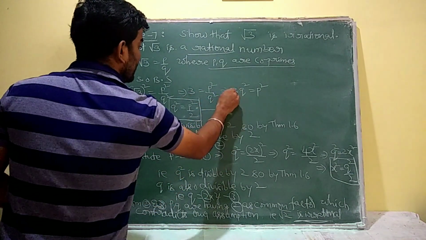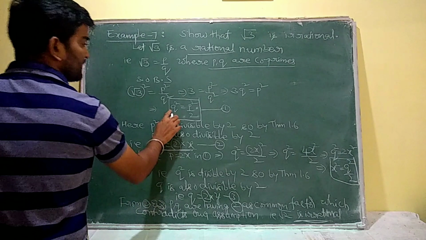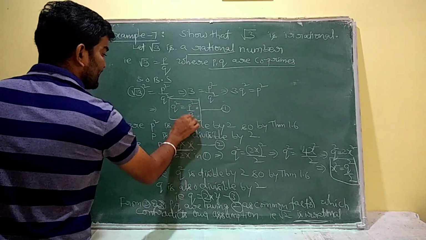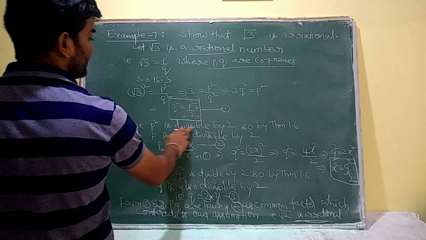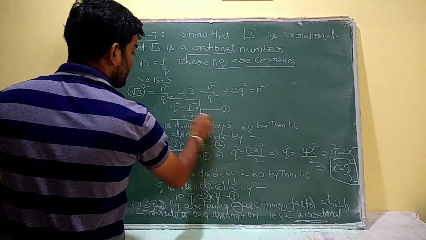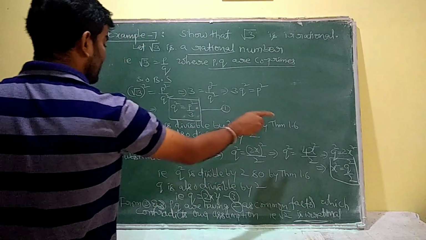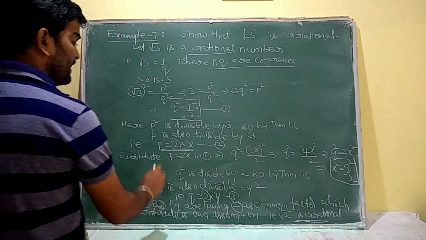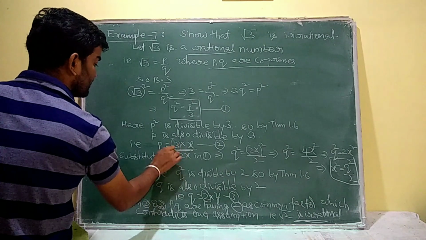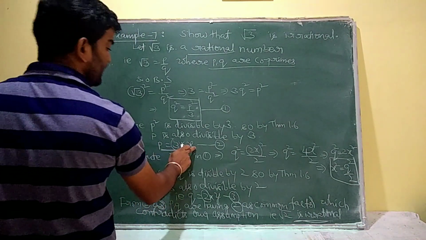Here 3q square is equal to p square, then q square is equal to p square by 3. So the same conclusions we are going to write: p square is divisible by the prime 3. By theorem 1.6, p is also divisible by the prime 3. Then p can be expressed as 3 into some value x.